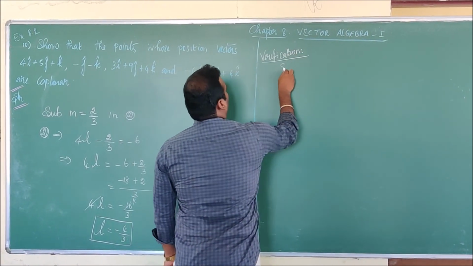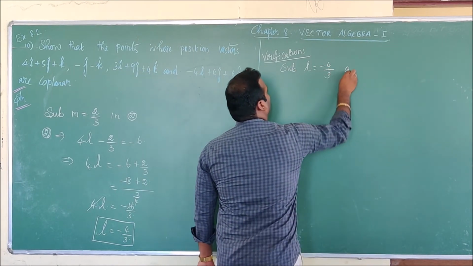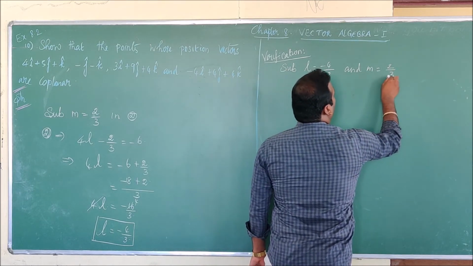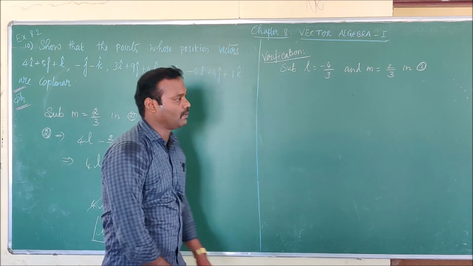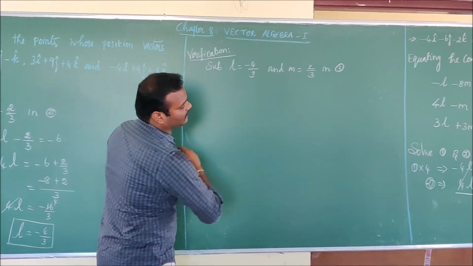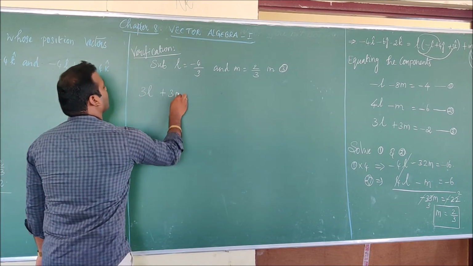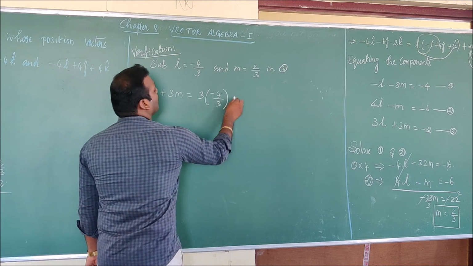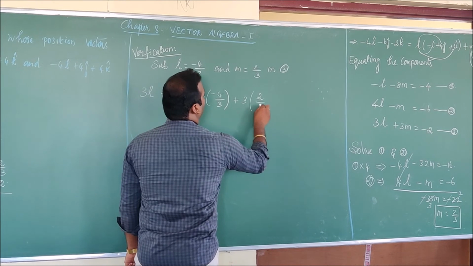Verification means substitute L equal to minus 4 by 3 and M equal to 2 by 3 in the third equation which is not yet used. So now you have to take the third equation's left hand side, that is 3L plus 3M, which is equal to 3 into minus 4 by 3 plus 3 into M value 2 by 3.